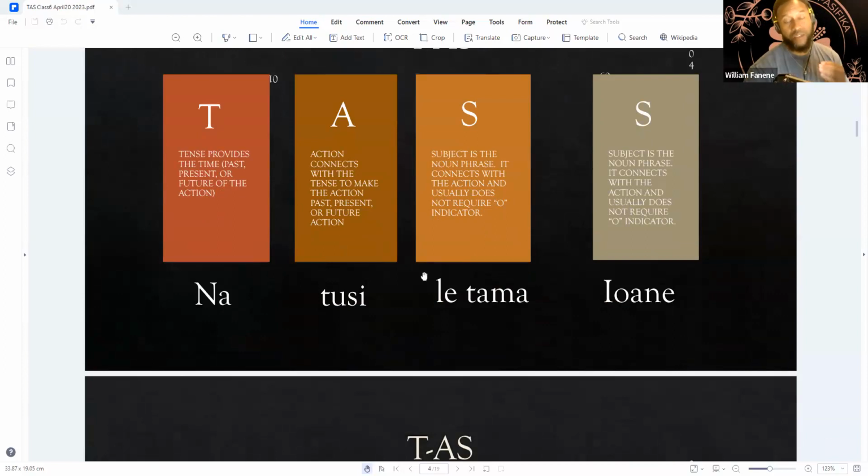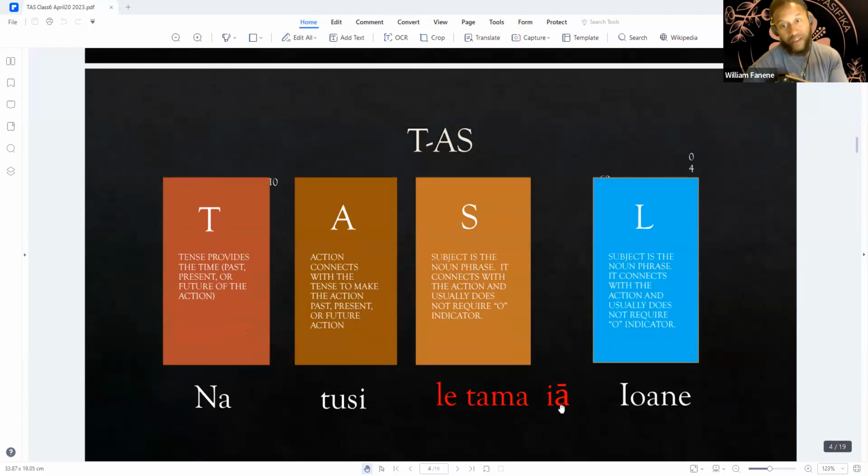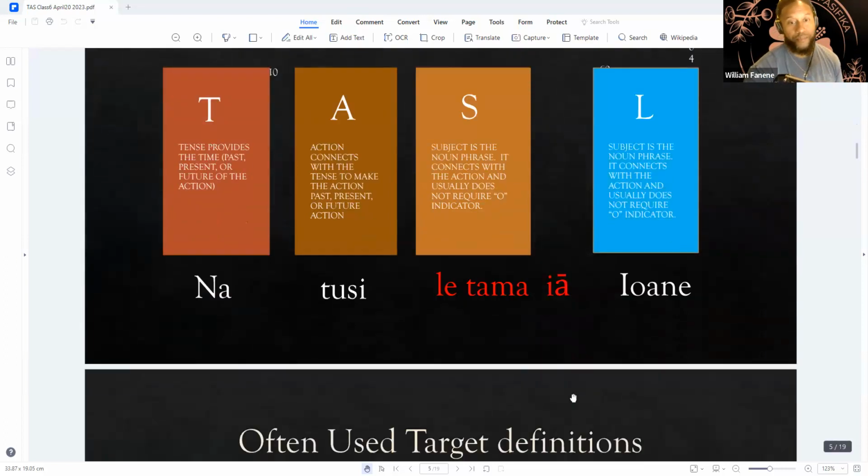This is a location because I'm writing to Yohane, okay? And because I'm writing to Yohane, it's going to be ya. That's a proper noun, right? Natusi letama ya Yohane. So the boy writes to Yohane.